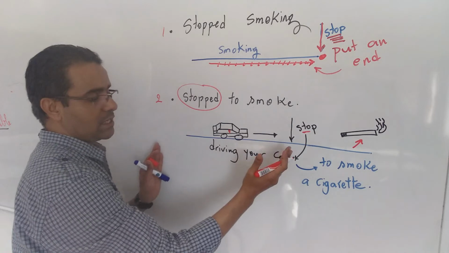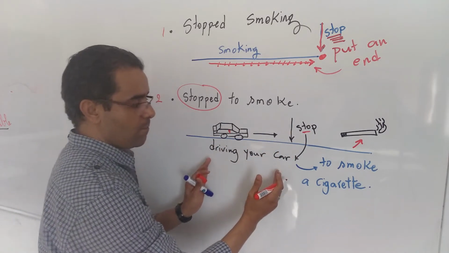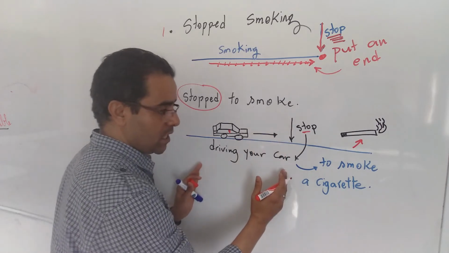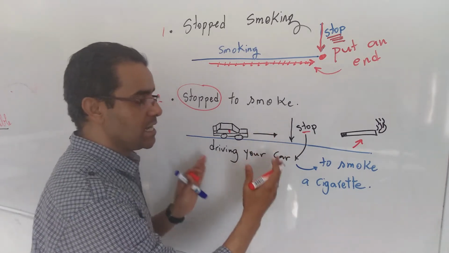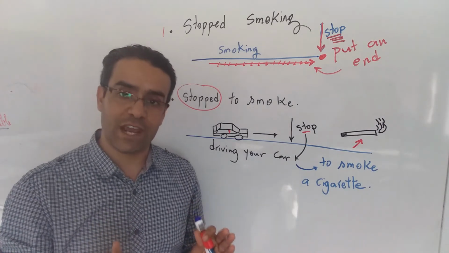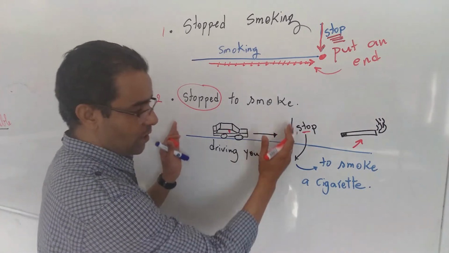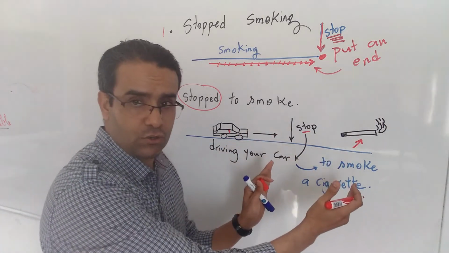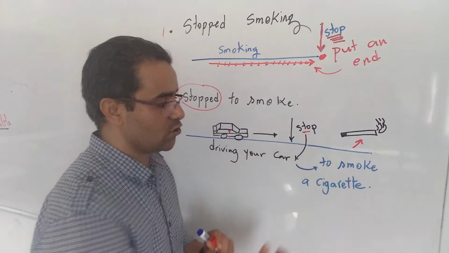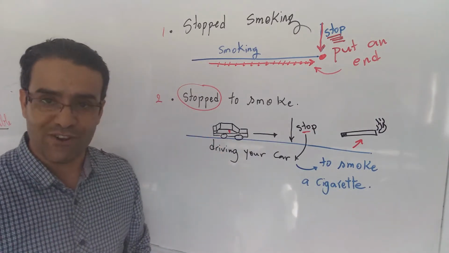So the activity that is the original one is driving the car. But at a given moment, I said, okay, I need to stop now because I feel very tired. I need a cigarette. So I stopped the car and I took a cigarette and started smoking. So that's the meaning of I stopped to smoke.